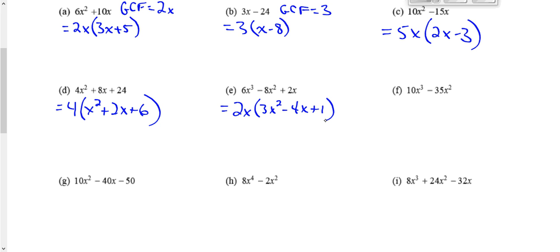So 2x divided by 2x, anything divided by itself is what? 1, right? Yeah, okay. Oh, 5. About that? Yeah, good.